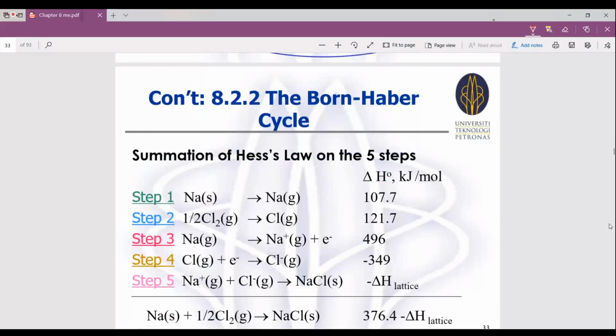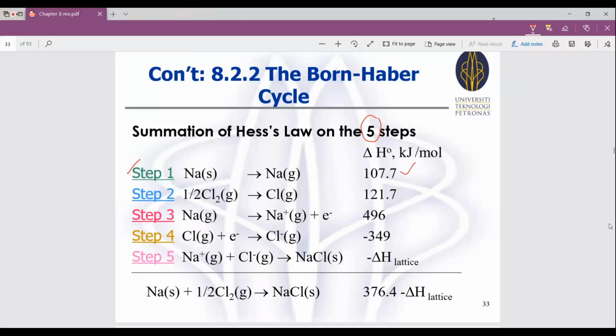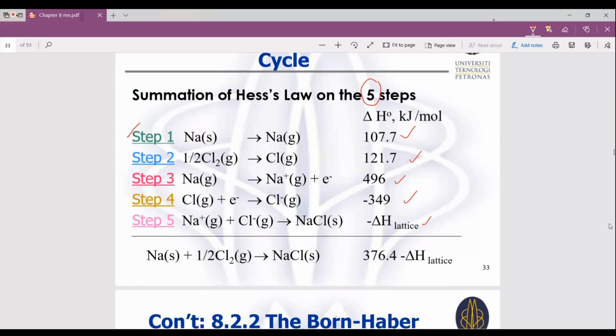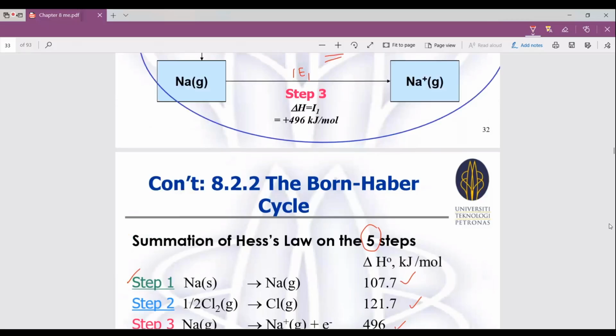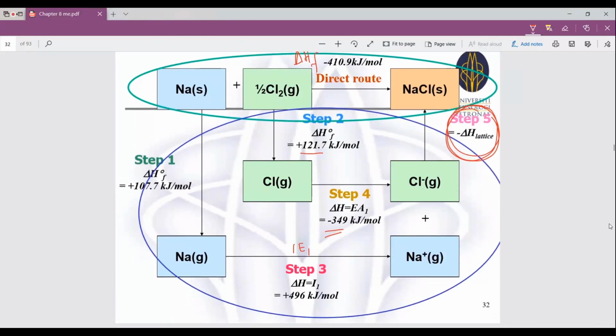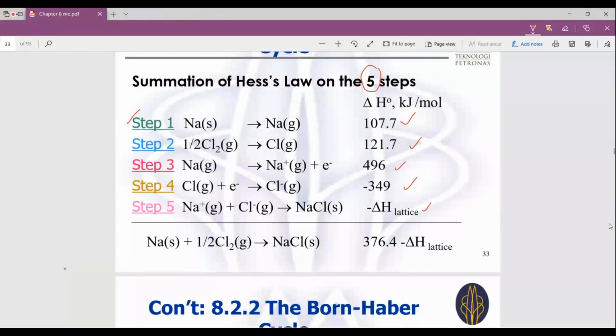So here are the summations of Hess's law from the 5 steps just now. Step 1, we put the values here. Step 2, step 3, step 4, and lattice. The 376 is the total, the summations of this.